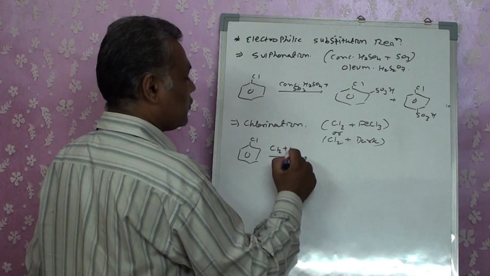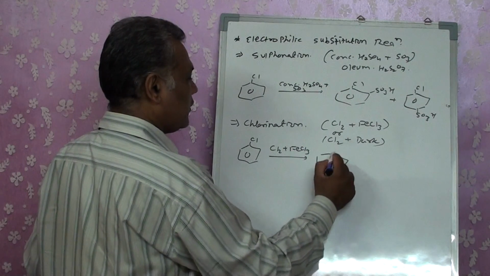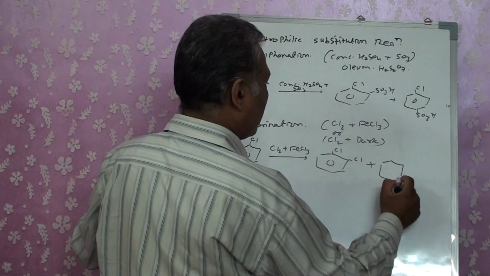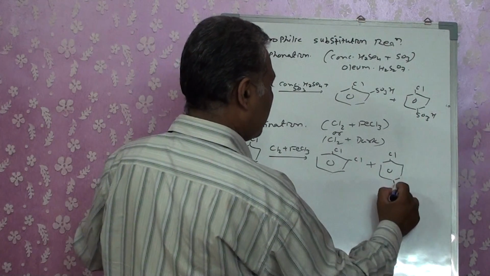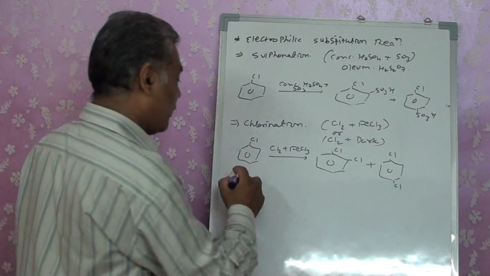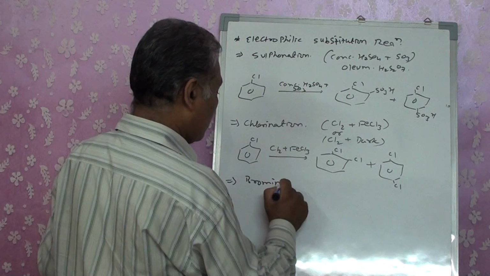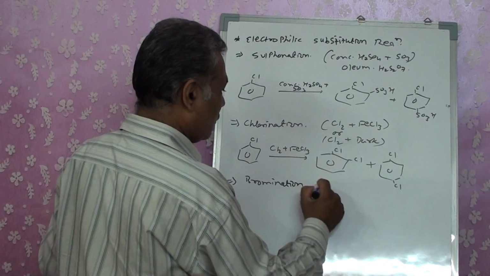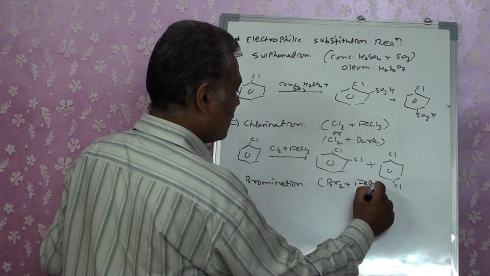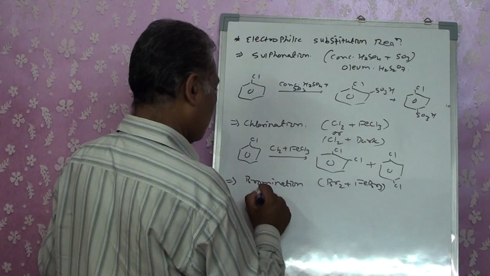With Cl2 and FeCl3, we get substitution at ortho plus para, giving dichlorobenzene. Right? Now, in place of chlorination, if you go for bromination, bromination is carried out in presence of Br2 and FeBr3.